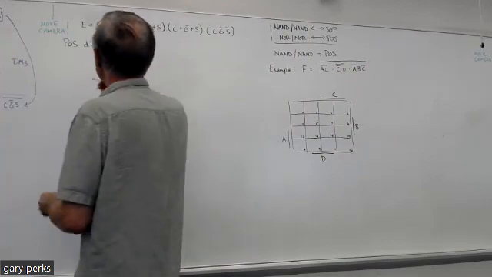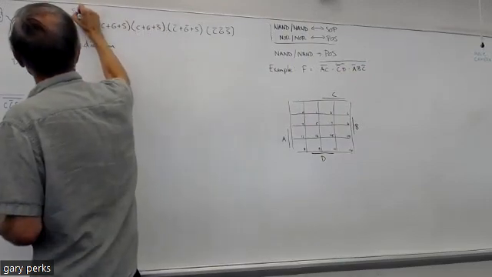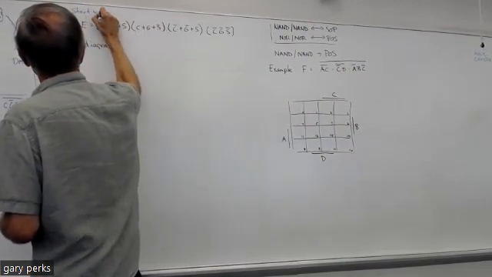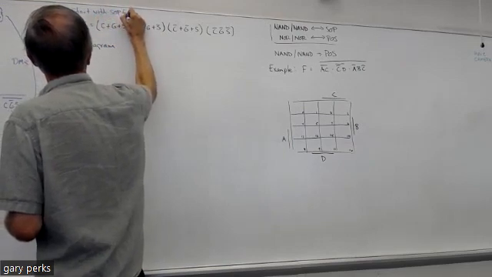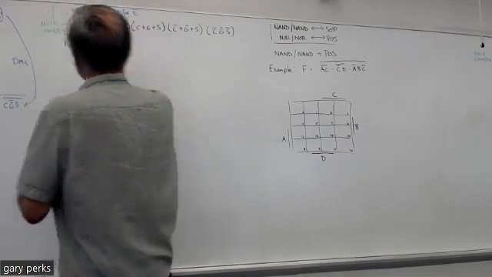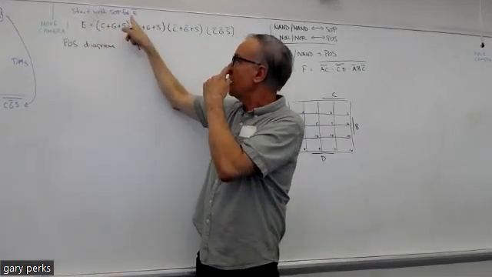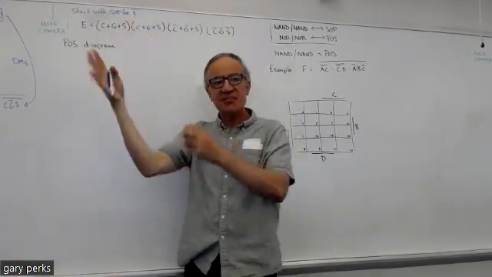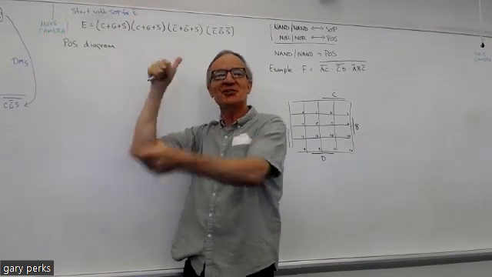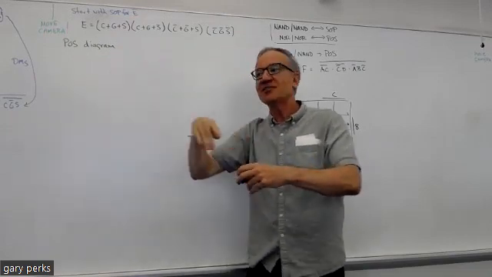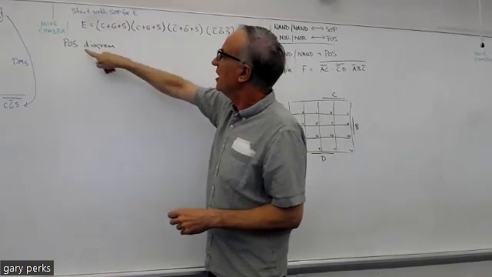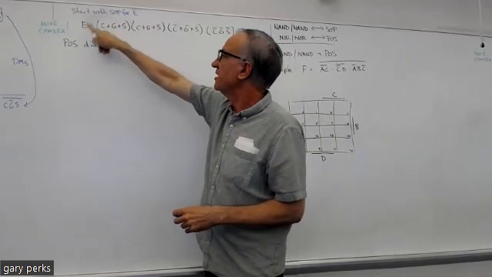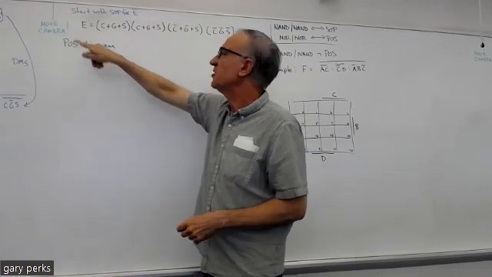So generally speaking, you start with SOP for not E. If you want POS for E, you have to start with SOP for not E, because after we do the steps, everything inverts, ANDs to ORs to ANDs. So you start with the SOP opposite of what you want for POS.